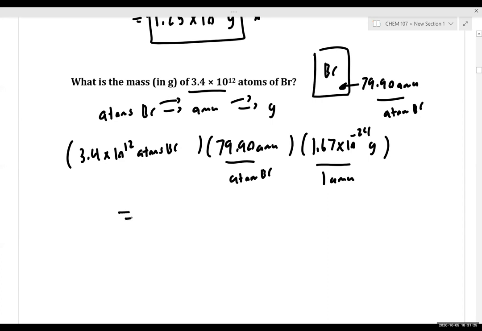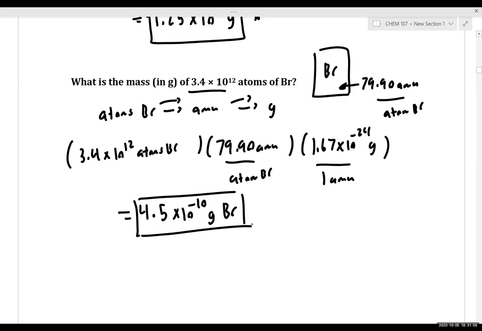So punching this into our calculator, we get as our total for our final mass 4.5 times 10 to the negative 10th grams of bromine. Does this example make sense to everyone? Does this example make sense? Yes. Any questions on these examples?